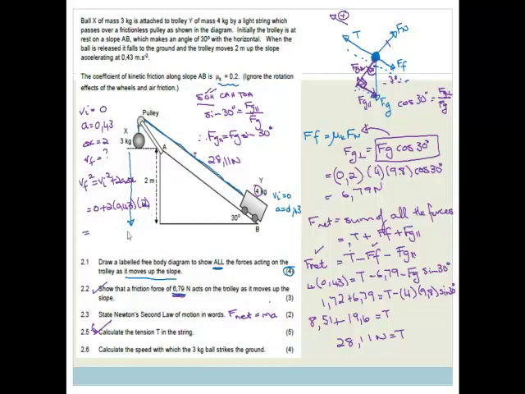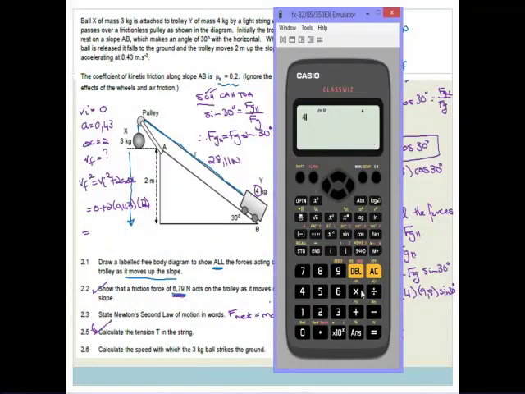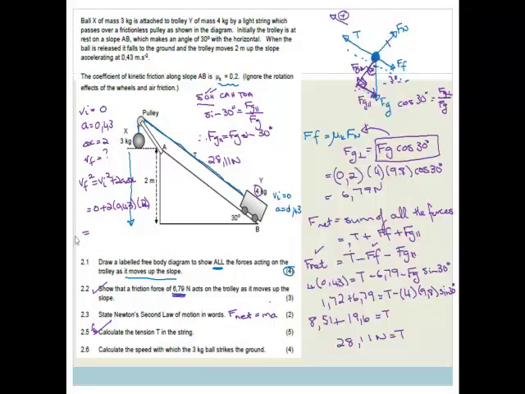So we can pop that in our calculator, and we can just go 4 times 0.43, and that becomes 1,72. And then we have to square root that answer, and the answer is 1,31. So the final velocity is 1,31 meters per second, and we don't have to give a direction because they asked for speed.